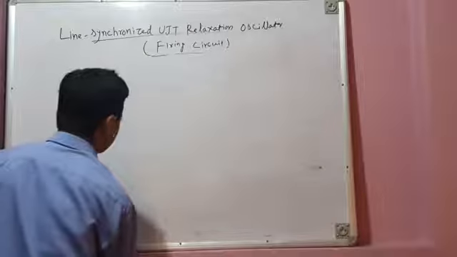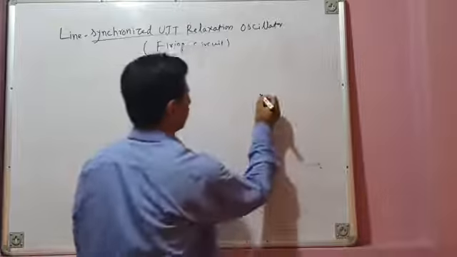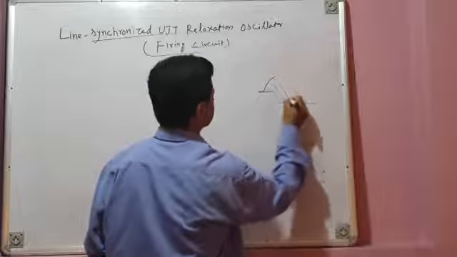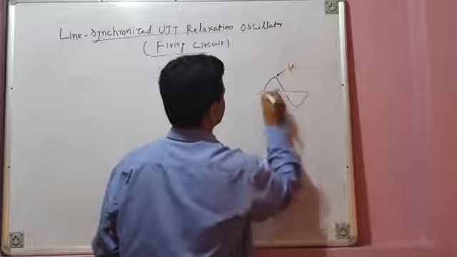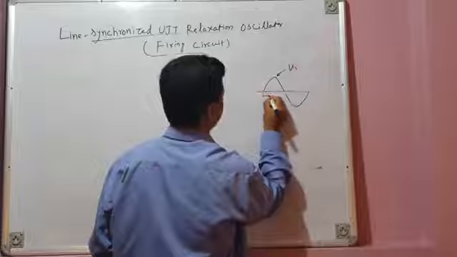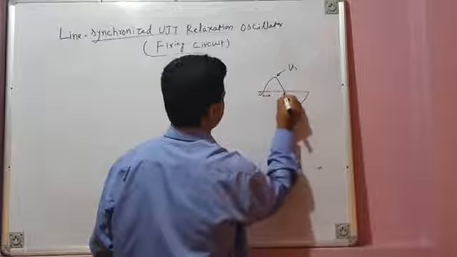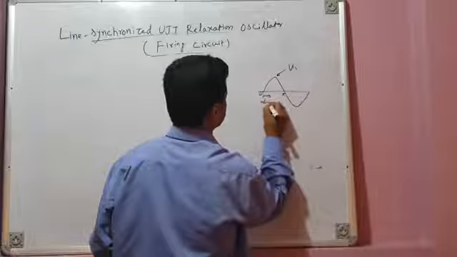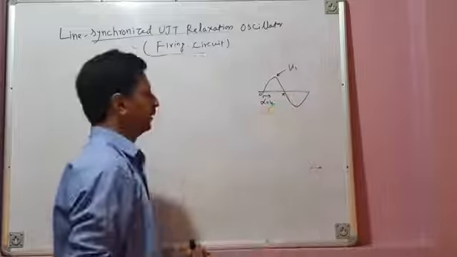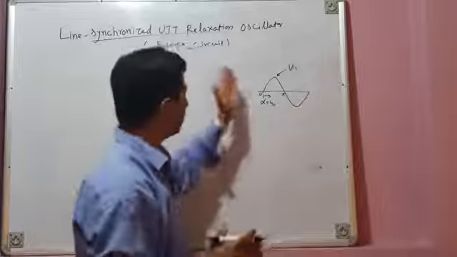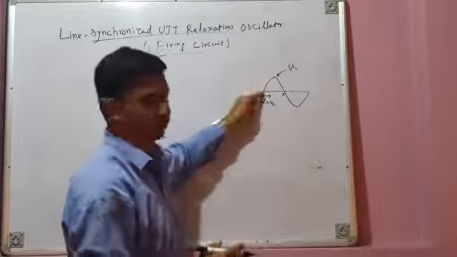First of all, you have to understand what we mean by line synchronized. Line synchronized means if this is your source voltage, and I say alpha is 40 degrees, so this is 0, this is pi, here alpha is equal to 40 degrees. The reference is this 0 crossing of the source voltage.